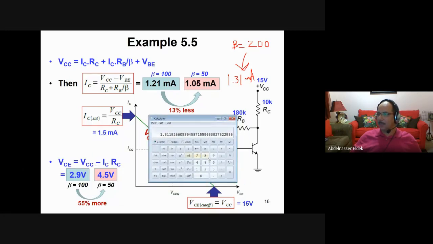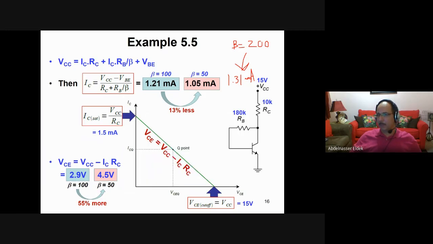IC times RC. RC is 10. Okay. And you give it a negative sign and you add VCC, which is 15 volt. That will be 1.88. Okay. So it will be 1.88.